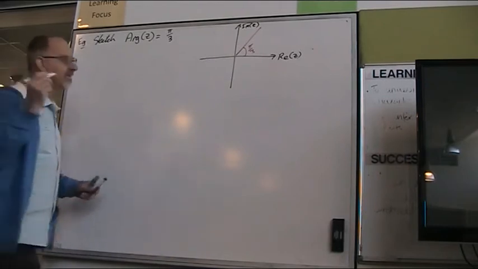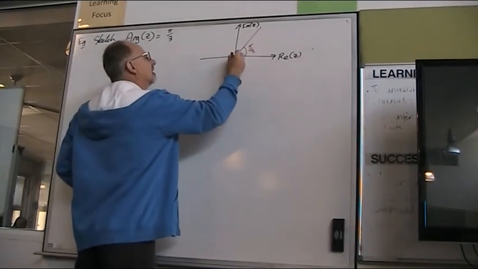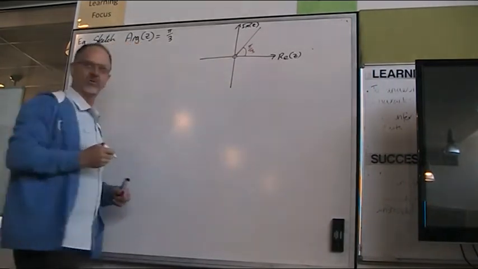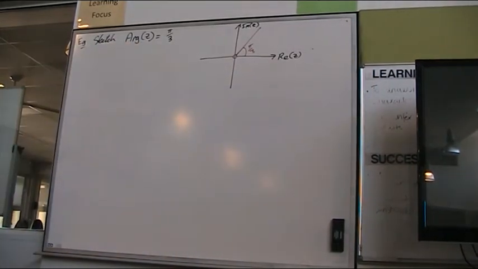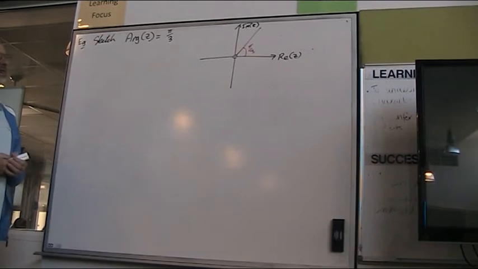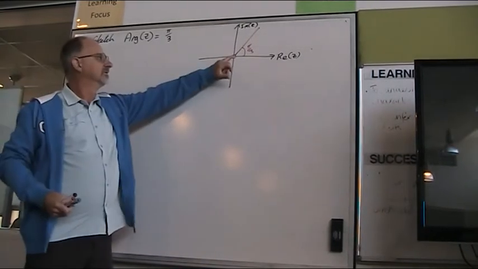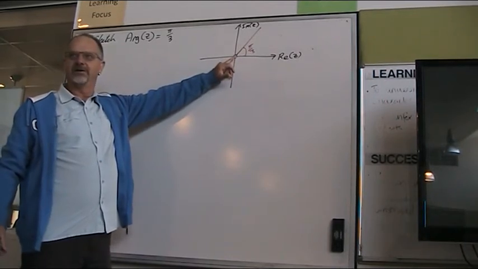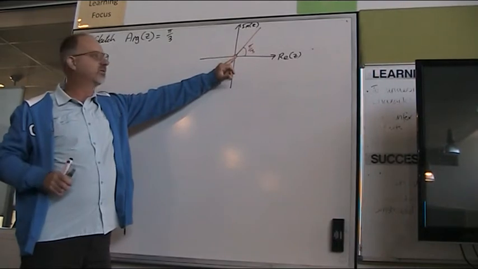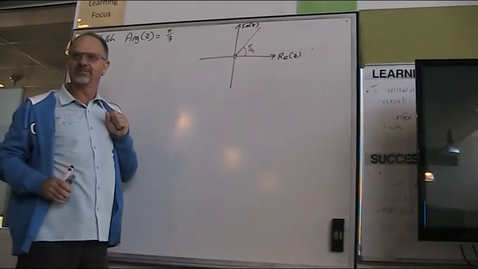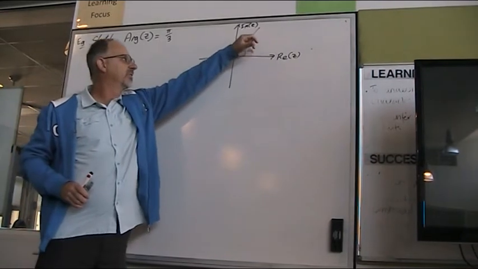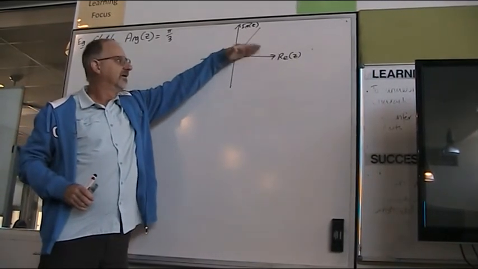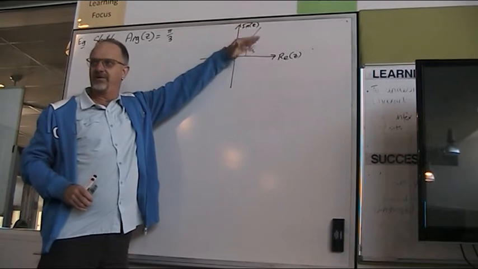Now, other thing about this is this point here at the origin is also not included. And that's a technical reason. The technical reason is that there's no definitive angle, definitive meaning only one angle that describes that origin. So all of these points on this line, if you turn around, you're turning pi on 3.